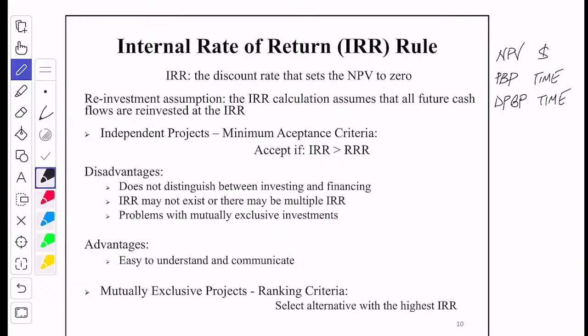And now we're going to talk about the internal rate of return. This is going to return a percentage to you. Now I'm going to return to this slide later because it will make more sense as we progress. So I'm going to return to this in review.